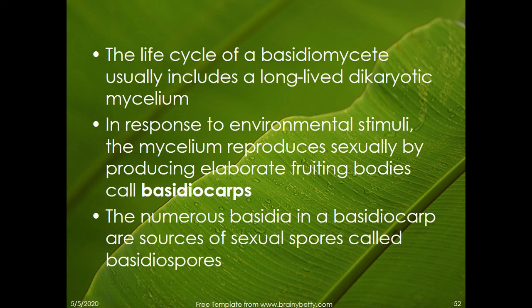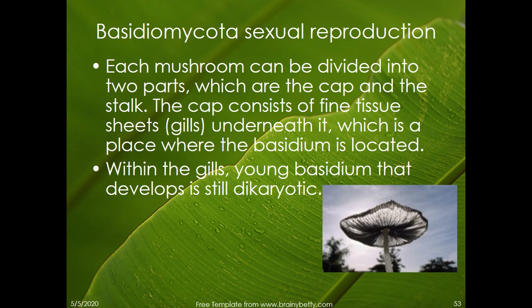In response to environmental stimuli, the dikaryotic mycelium will produce a fruiting body, the basidiocarp that I mentioned earlier, and then they will form a sexual spore known as a basidiospore.